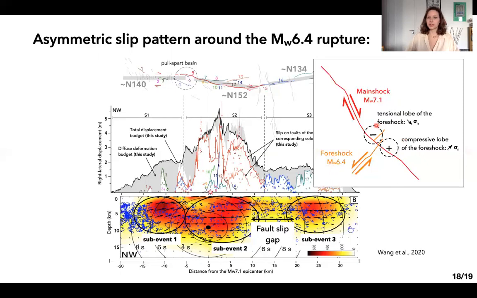However, to the north, you have decreased normal stress, which favors fault slip, and it corresponds to the area where you have the maximum fault slip. So it seems that the foreshock earthquake has an influence on the mainshock displacement pattern. And maybe if you did not have the rupture of the foreshock just there, you would have a fault slip curve that would decrease more linearly towards the southern tip, rather than this very strong decrease and then stable slip pattern.